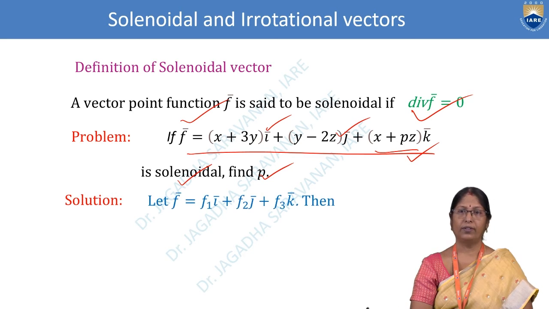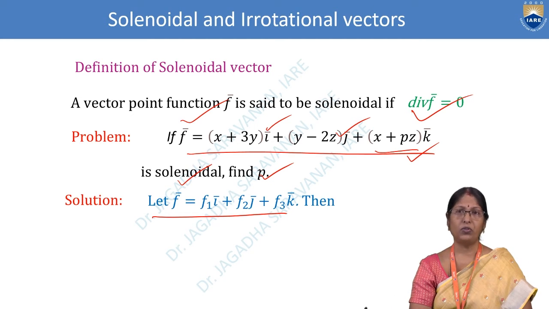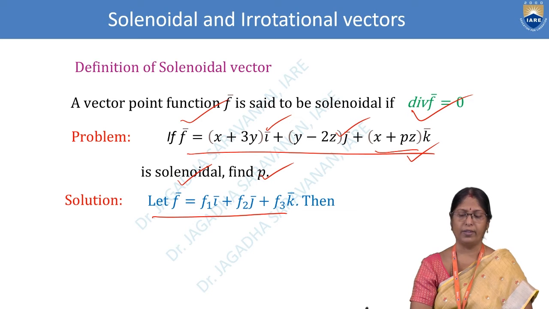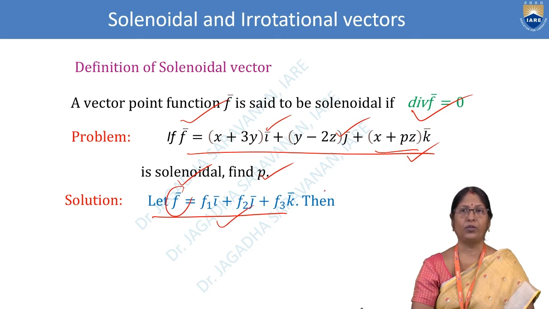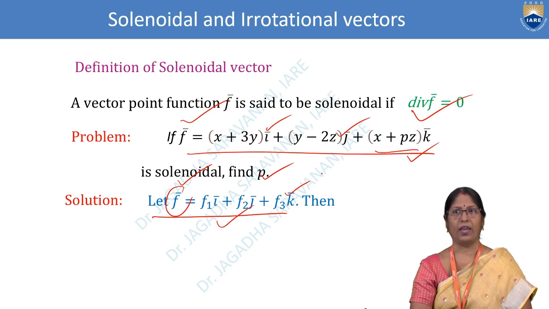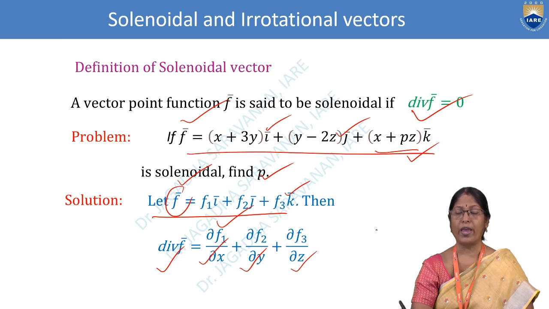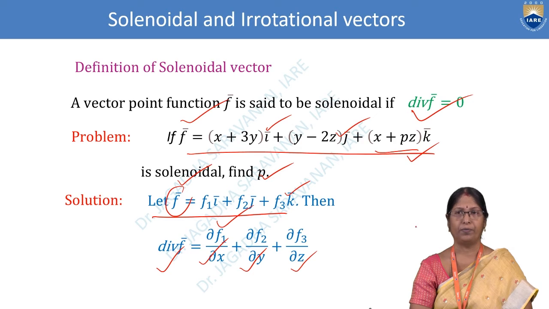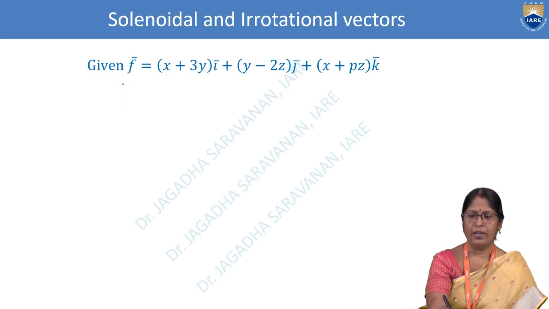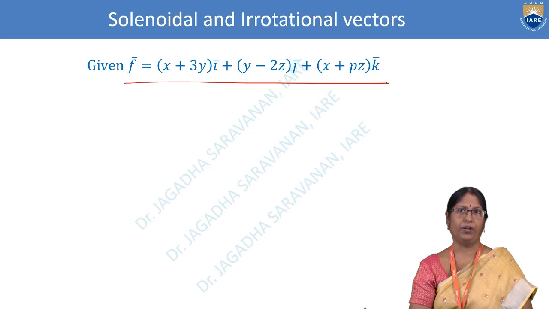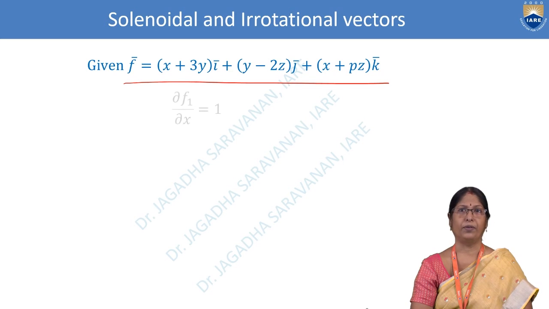The solution is, first we know the divergence of a vector. The formula is: vector f equals f1 i plus f2 j plus f3 k. Then divergent f is written as dou f1 by dou x plus dou f2 by dou y plus dou f3 by dou z. F is the given question, which we have written here.